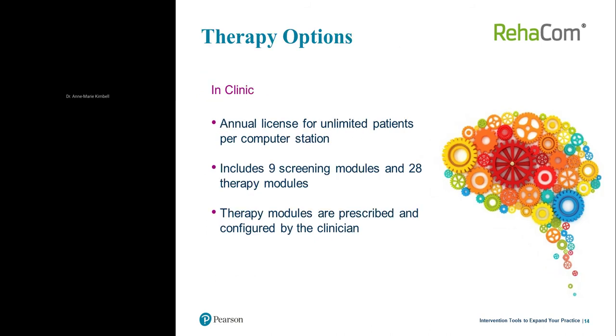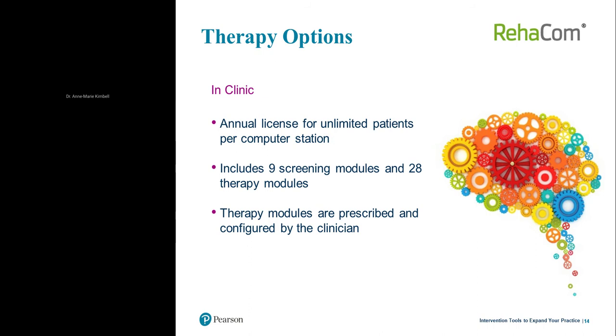So looking at in-clinic use, RehaCom really does lend itself to many care delivery situations, and this is really important for cost effectiveness and convenience. The software can run on the clinician's computer in the clinic, or it can be implemented in an existing clinic network over a local area network or wide area network for multiple station licenses.